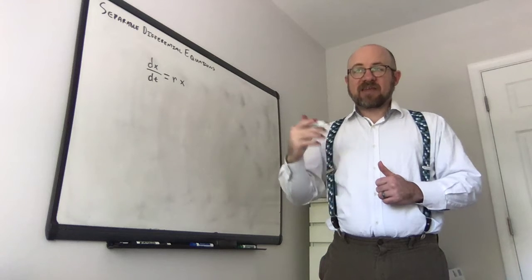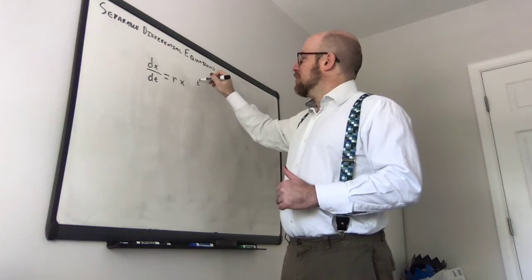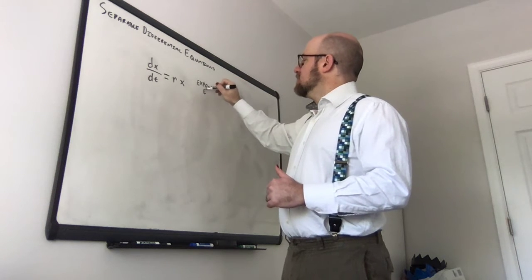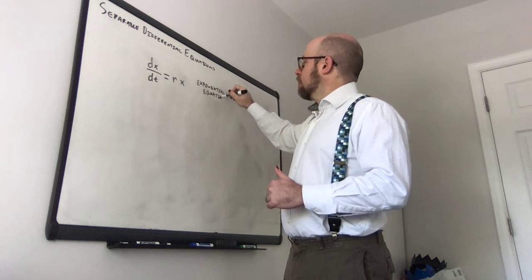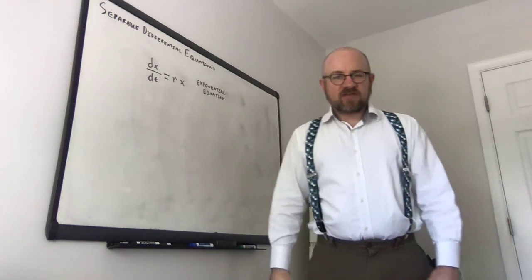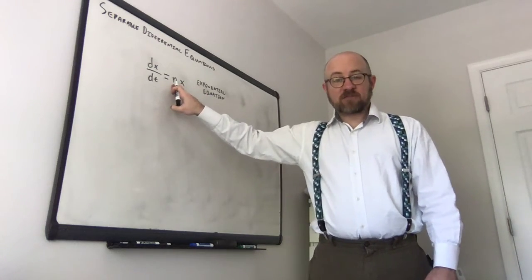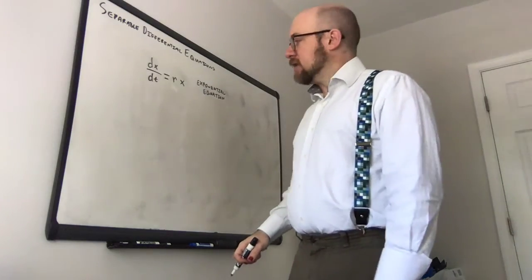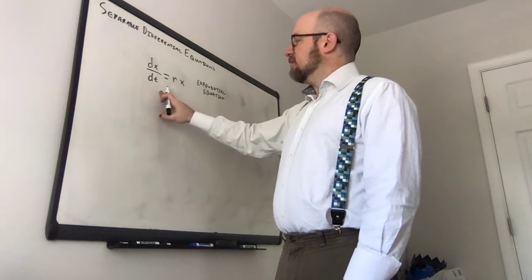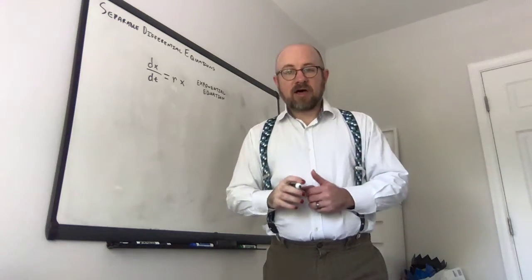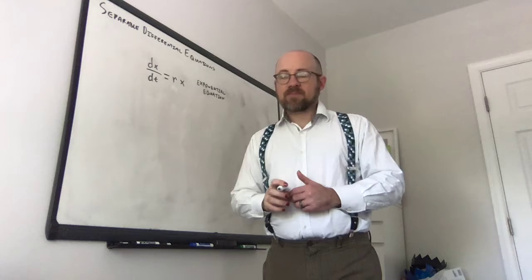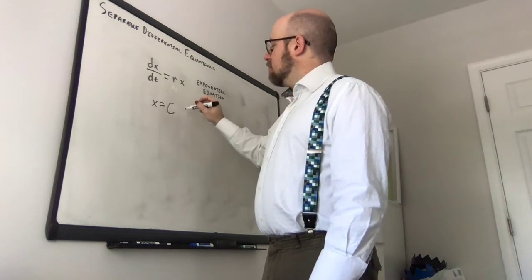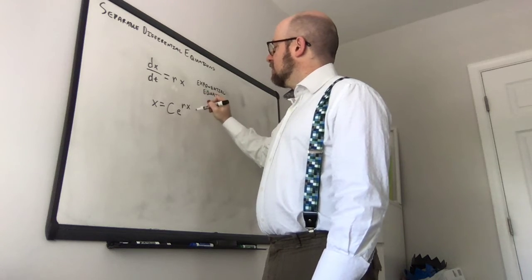This is our exponential equation. So this is exponential growth because it's growing by a fixed percentage of what was previously there. If you separate and integrate, you can solve this pretty easily and get the classic exponential model that we're very used to. So solving that gives you x equals some constant times e to the rt.